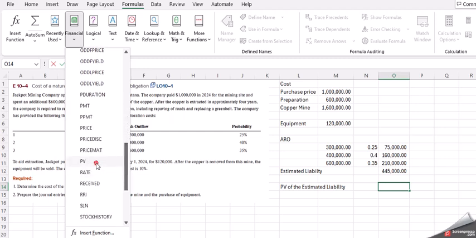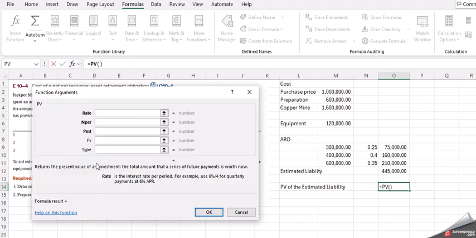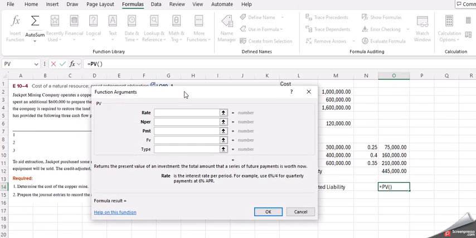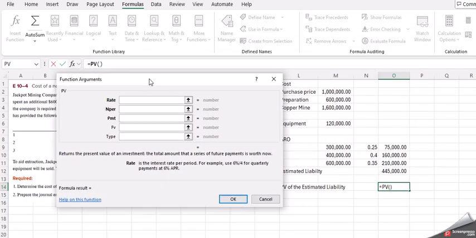So if I go down to my present value, so my rate is, what did they just tell us? 10%. Our risk-free rate of return was 10%, so that's my rate, but I have to put it in as a decimal rate. Then my number of periods is going to be the years.